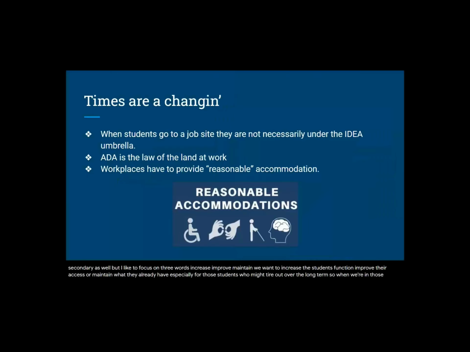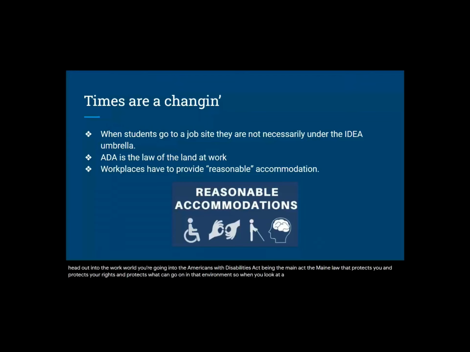So when we're in those adult settings, it's much the same. When students go to a job site, they're not necessarily under our IDEA umbrella. That law protects them while they're in school. But once you head out into the work world, you're going into the Americans with Disabilities Act, being the main law that protects you and protects your rights and protects what can go on in that environment.